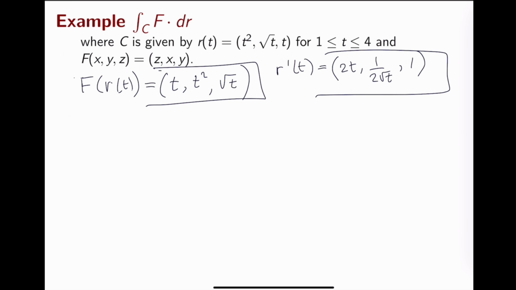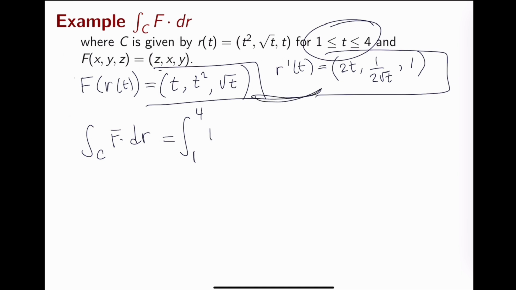And so the integral of the vector field over the curve is going to be just the integral from 1 to 4 of the dot product of these two things.